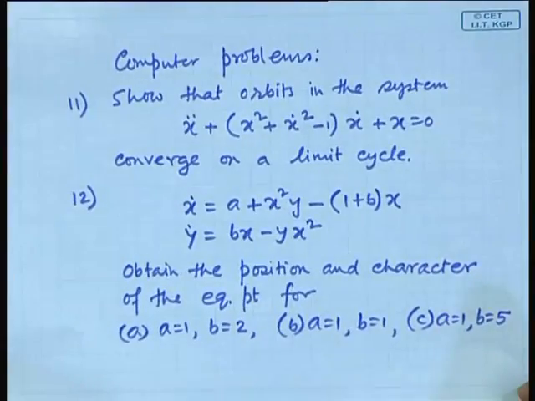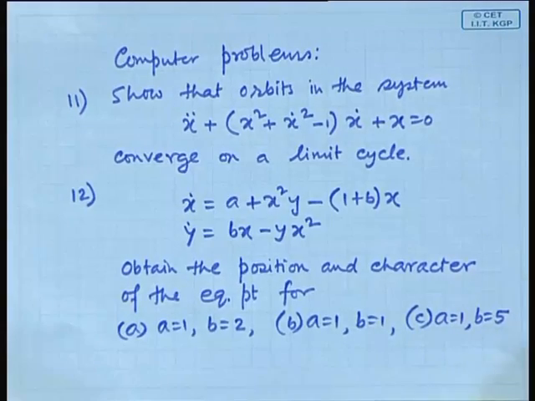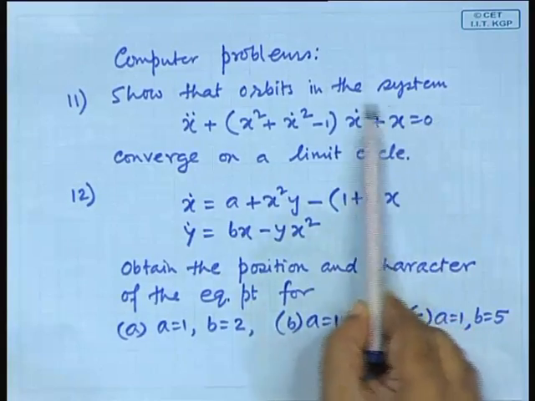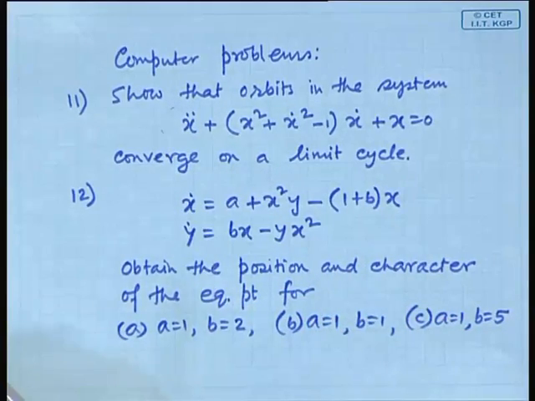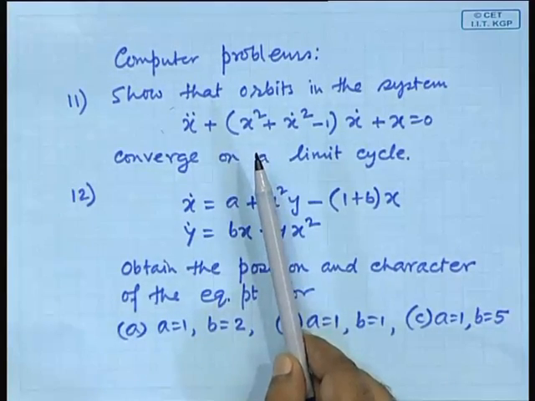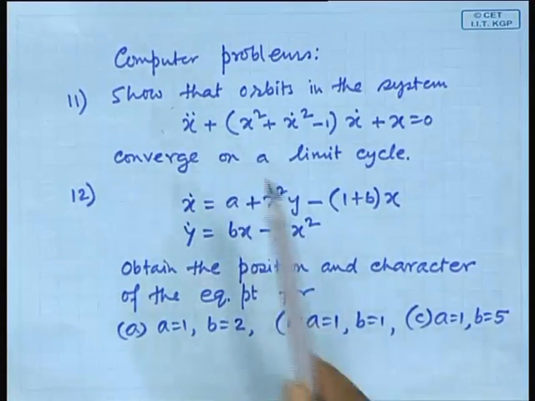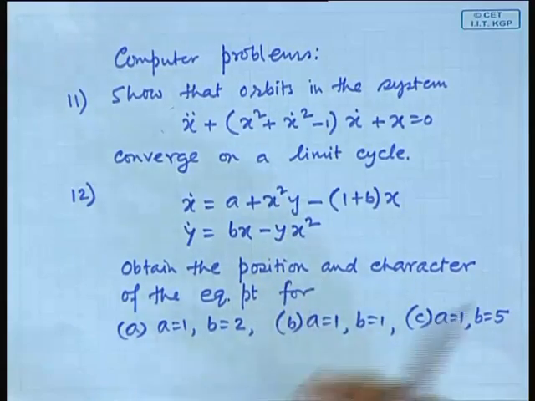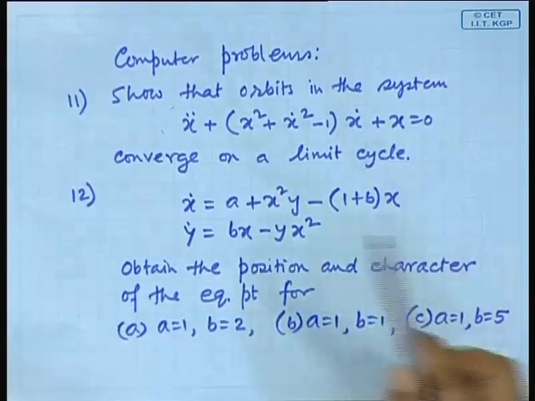Now, we will also do some problems with computers where, for example, this set of equations are given. This cannot be solved by hand, because here is a system that converges onto a limit cycle, and as we have already seen, a limit cycle cannot be predicted through local approximations.